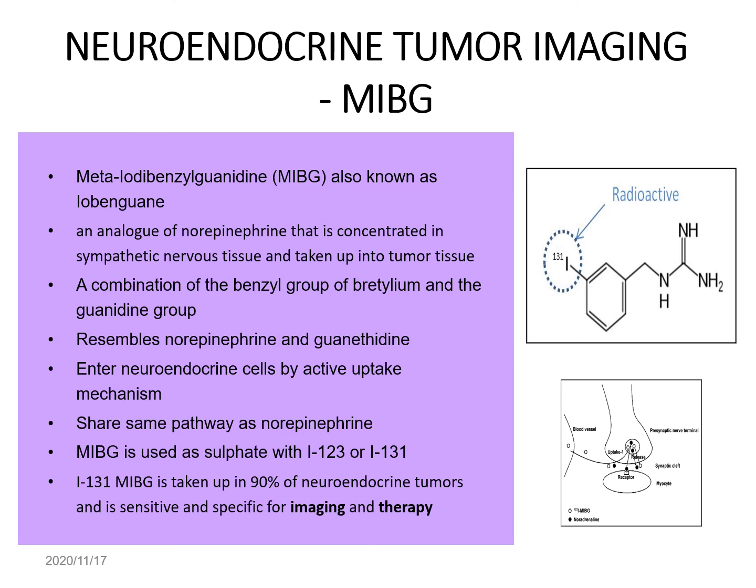This MIBG we can use with iodine 123 or iodine 131. And the iodine 131 MIBG is taken up in 90% of neuroendocrine tumors, and it is sensitive and specific for the imaging and also therapy.